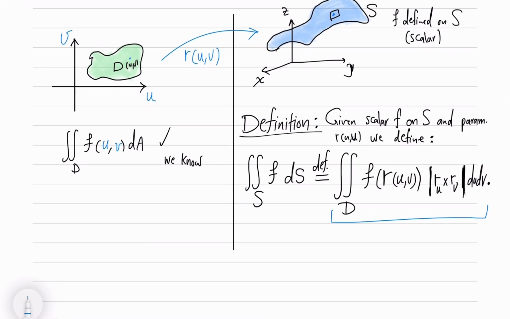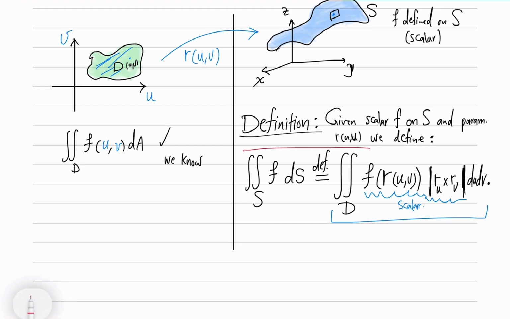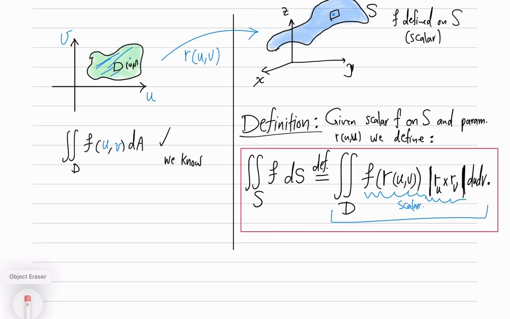First of all, I am integrating something over here in the D region. This is a scalar function at the end of the day. You multiply, you have a scalar value. And now you're integrating it over the region D. And this integration, we do know what it means from all the previous chapters. And that, ladies and gentlemen, is what integrating a real valued function on a surface means.